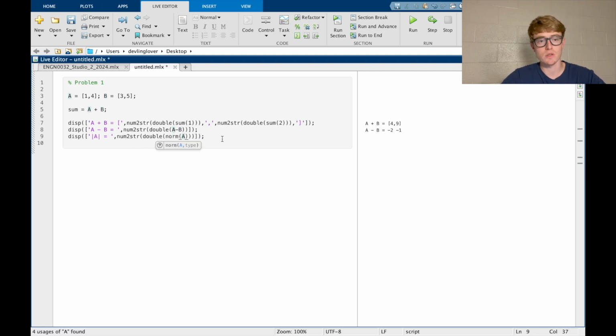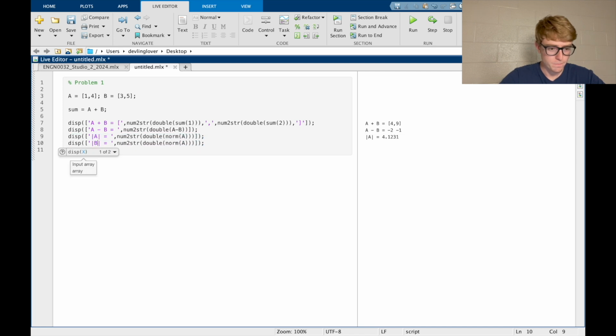So this function is norm, and that'll return the magnitude, and you can kind of pass that into the double function, and yeah, that'll return the magnitude of A. So let's see that, and there we go. And then we're going to do the same thing for B. Here we go.